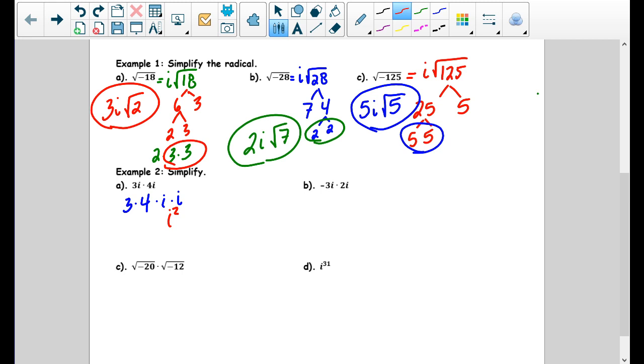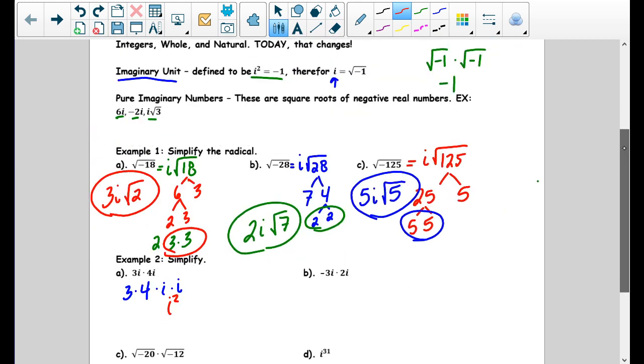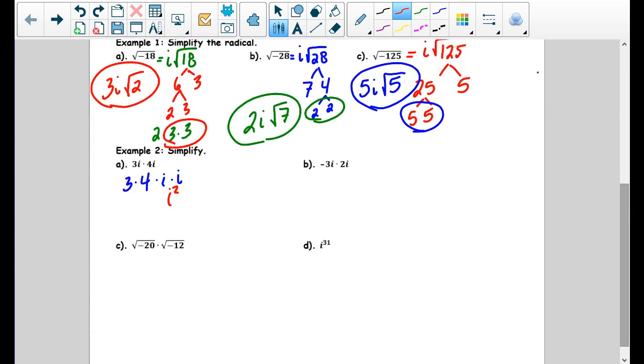Well, what's i squared? What do we say i squared equals? We go back up here. Yeah, i squared equals -1. So that's kind of what I'm looking for when I'm multiplying with these. Okay, I'm looking for that -1. Where do I have any squares? So here's an i squared, so this is actually just -1. 3 times 4 is 12, and 12 times -1 is -12.